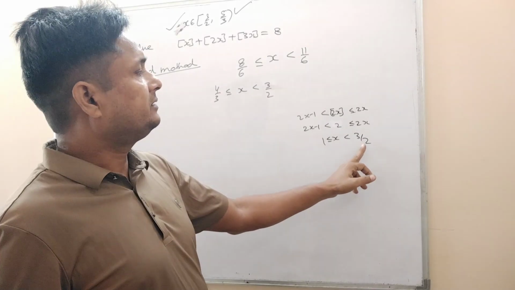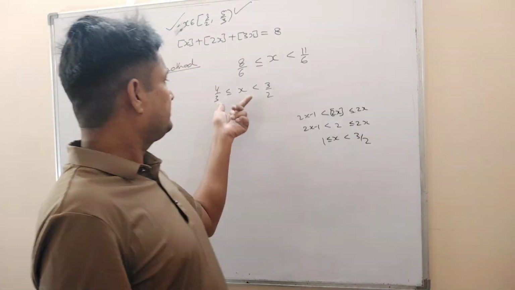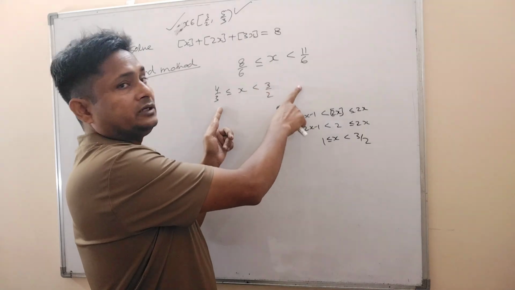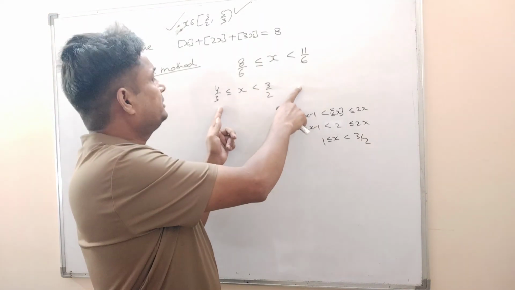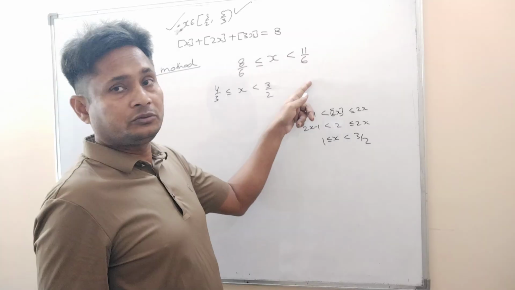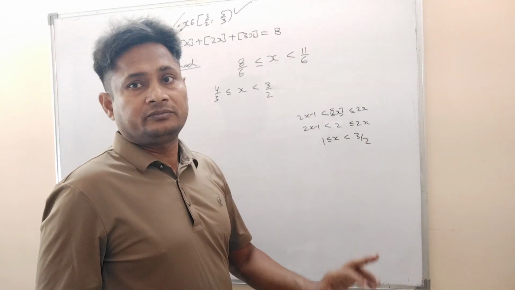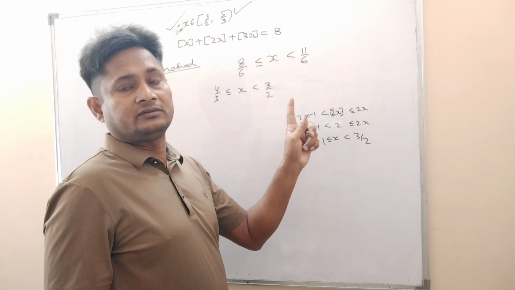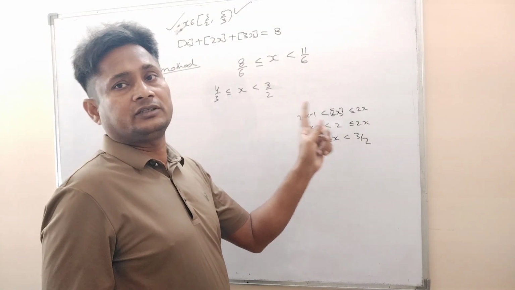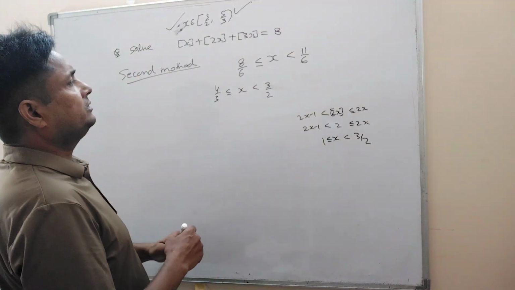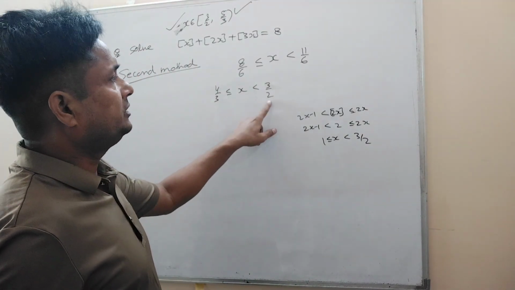After this interval, in this interval, greatest integer of 2x will give you 2. After 3/2, greatest integer of 2x will give you 3, right? So first interval will be what? 4/3 to 3/2.